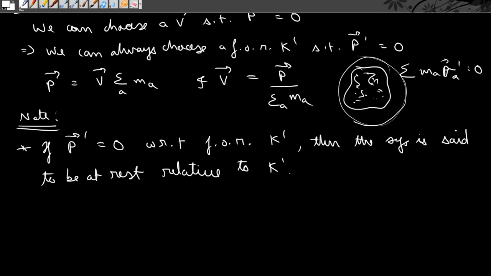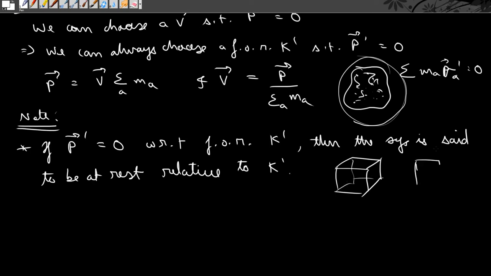A good example would be a box containing gas particles. We can consider whatever is inside this box as a system, and if this box is not moving with respect to space, then the total momentum of this box must be 0. That is what this statement says.